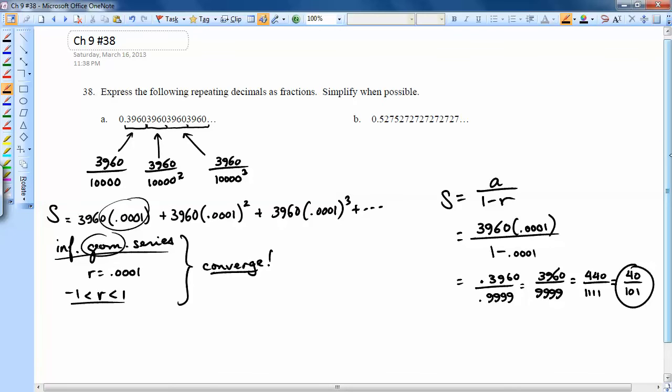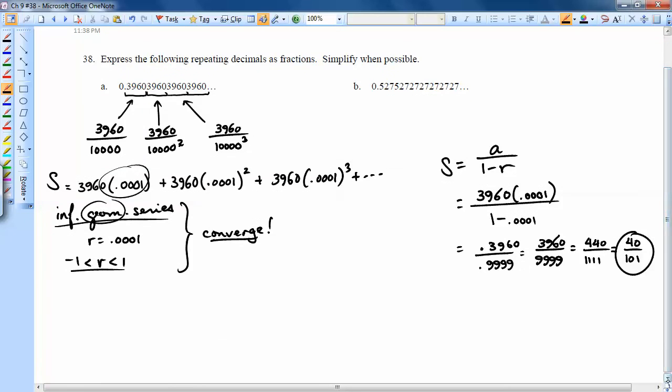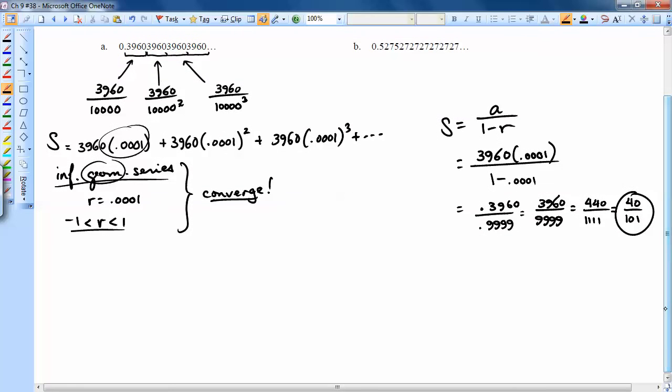Sure, let's try B. Now, I haven't worked out B yet, so I don't actually know if I'm going to get this right. Let's see. Oh, this one's mean. So this is mean because the first 4 numbers are not anything in the repeating pattern. The repeating pattern starts here at 27, 27, 27, 27, 27, 27. Oh, that's so nasty.